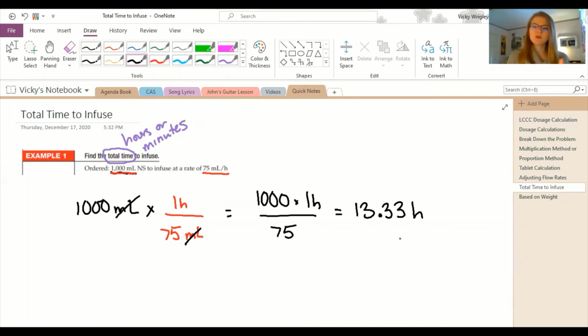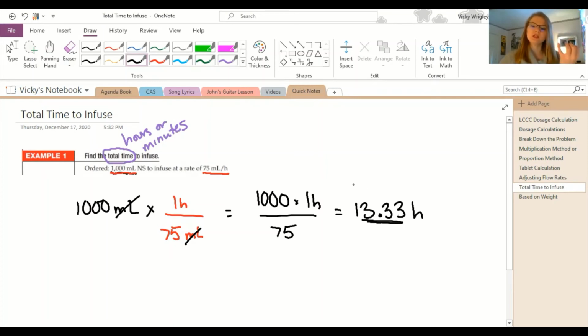Someone just looking at 13.33 hours might not be able to say, oh, this is exactly how much time in minutes that the patient needs to be on the IV for. So we need to convert this into hours and minutes. Let's talk about how to do that. So 13.33 hours.